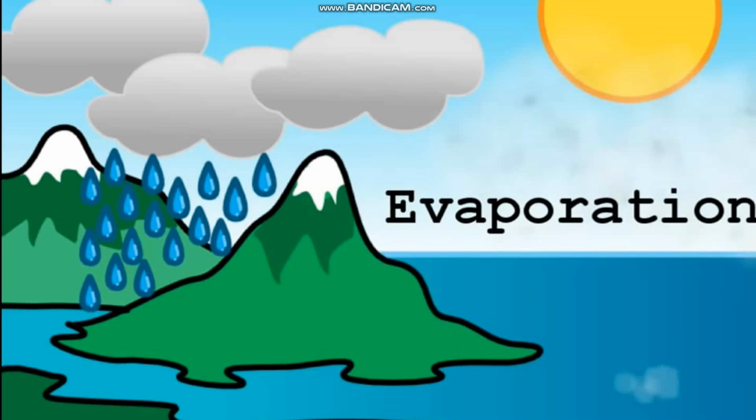The same thing happens to water evaporated from the various bodies. This water vapor rises up to the sky. It meets cool air, then the water vapor becomes cold and changes into droplets. The water droplets keep collecting to form clouds.